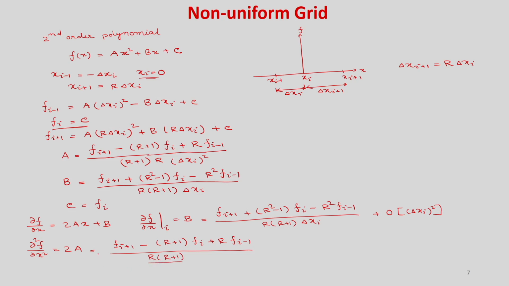So, 2 is there. So, it will be divided by 2 into delta xi square. Okay. And it can be shown that its order of accuracy will be delta xi.